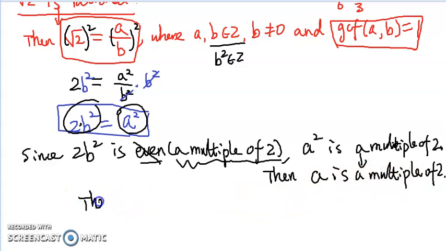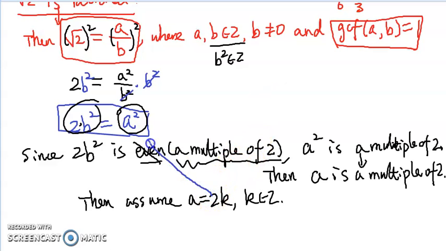Then we can assume a equals 2k, where k is an integer. And we're going to plug this expression back into the equation we got so far. So we're going to have 2b squared on the left. Replace a with 2k, because we know a is a multiple of 2, a is even.